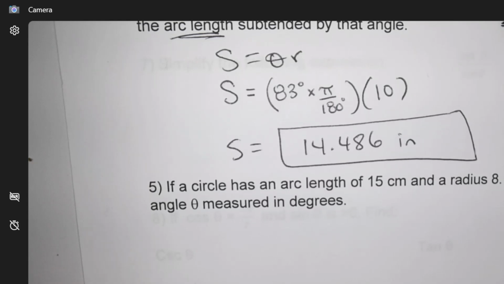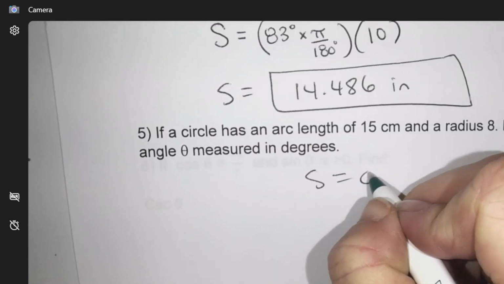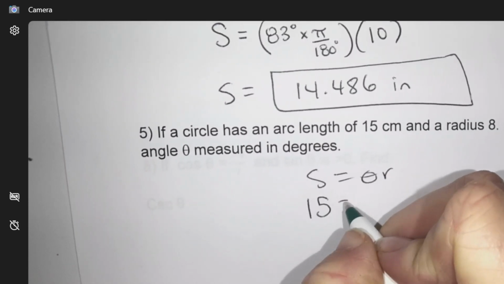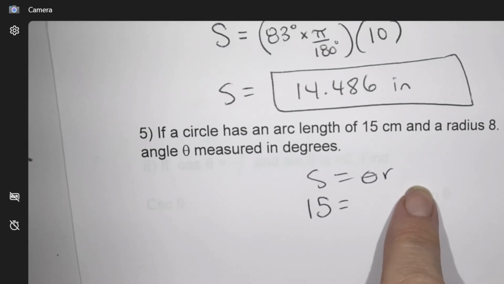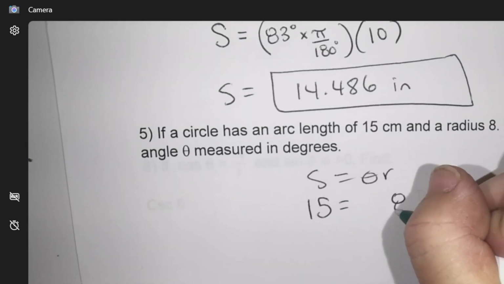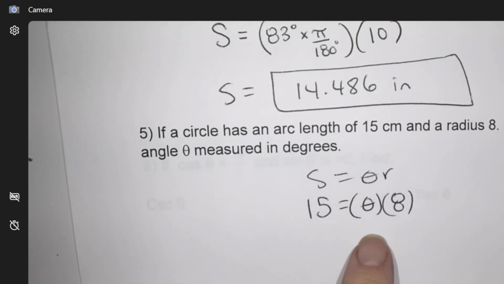Okay? A circle has an arc length of 15 centimeters, so arc length 15. And a radius of 8. So figure out the angle in degrees.